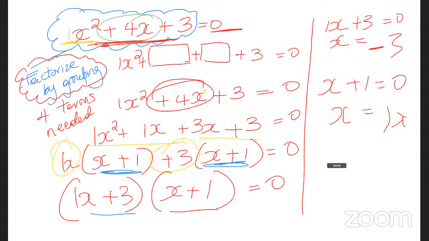Well done. So therefore, what's the value of x here? Good. So let me remove this part. So x equals -1.